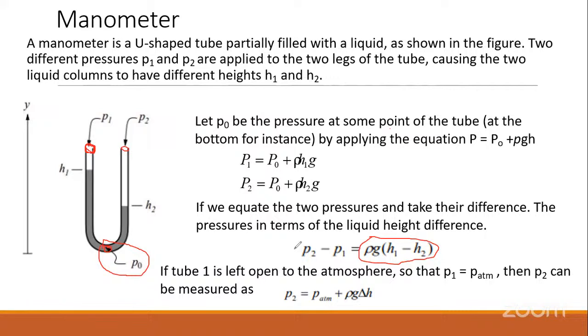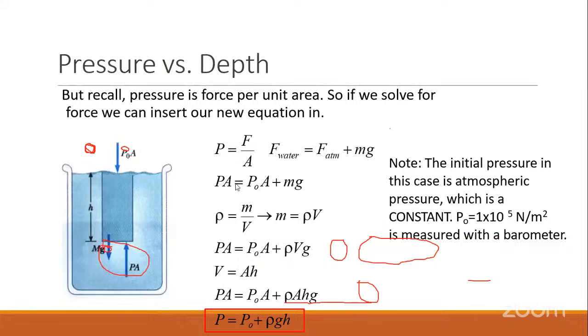So in our expression, if we replace P1 with atmospheric pressure, we are going to have P2 equals atmospheric pressure plus rho g change in h, which is similar to the expression we had earlier. This is still showing how pressure is related to depth.